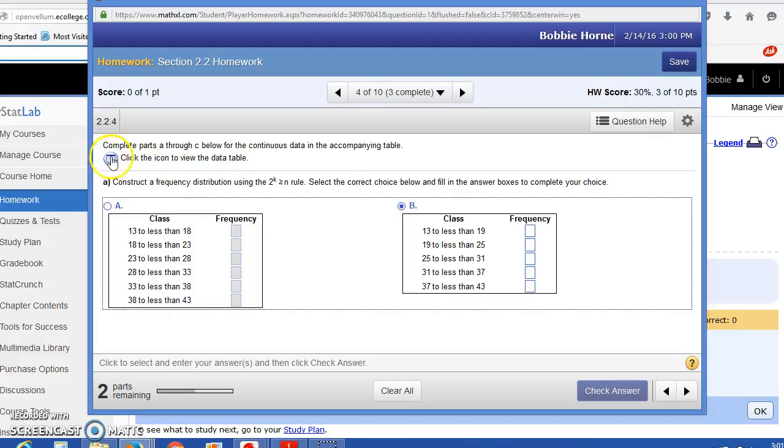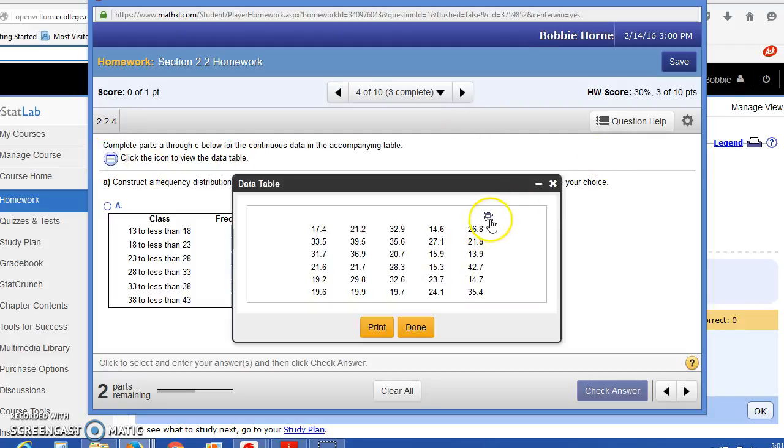Now, how can we calculate this without having to count your numbers? Well, first we need to find the minimum value and the maximum value and divide it by 5. So our minimum value looks to be 13.9, so I will write that number down.